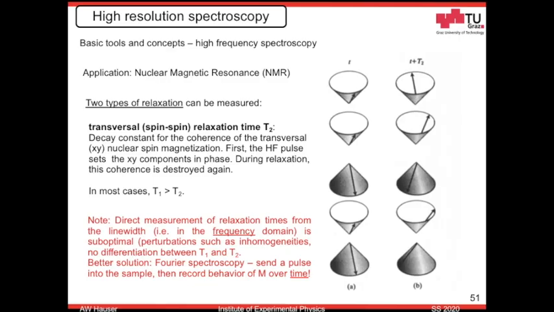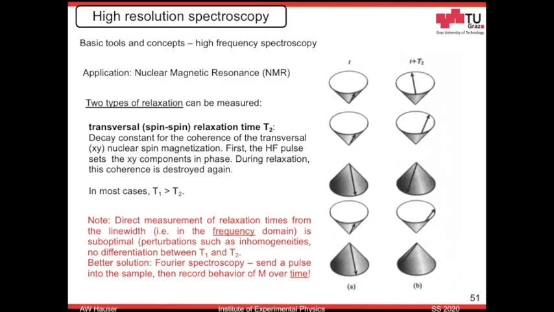Now, before we talk about the actual measurement, the most important thing at first conceptually: it doesn't make much sense to measure relaxation times directly from the line width, right? So if something is relaxing fast, then it's very broad in its line width because of Heisenberg uncertainty. But instead of measuring in the frequency domain, we will measure in the time domain.